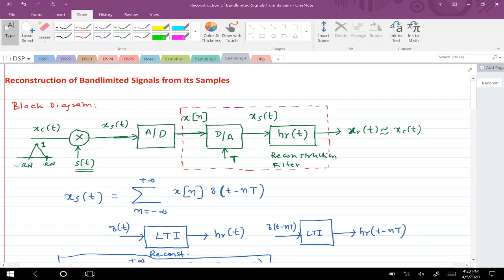What I would like to write is how to express the Fourier transform of this continuous-time signal, XR of j omega, in terms of X of e power j omega.